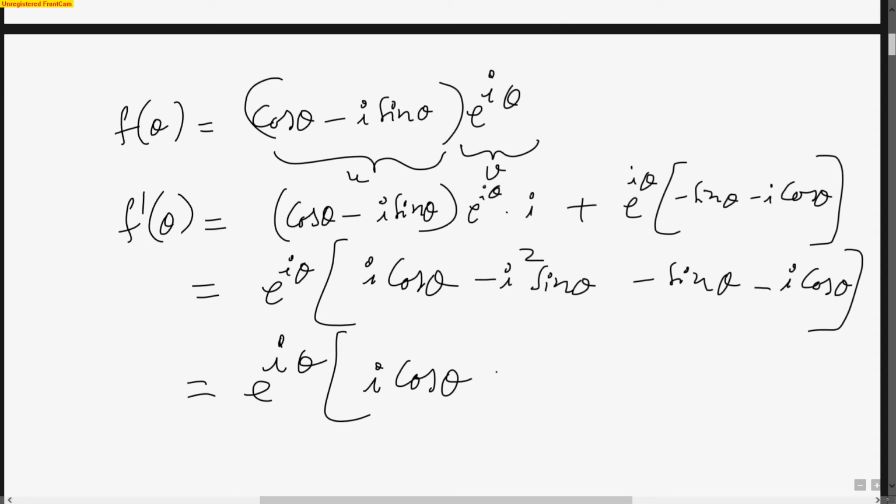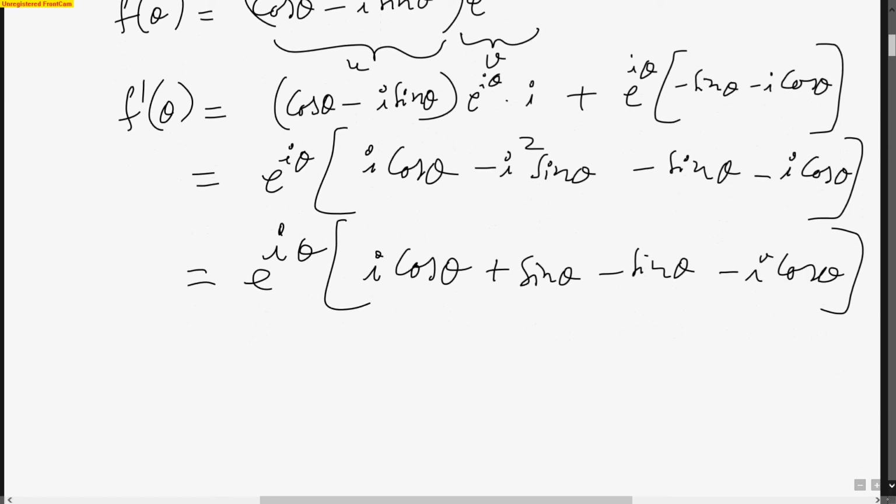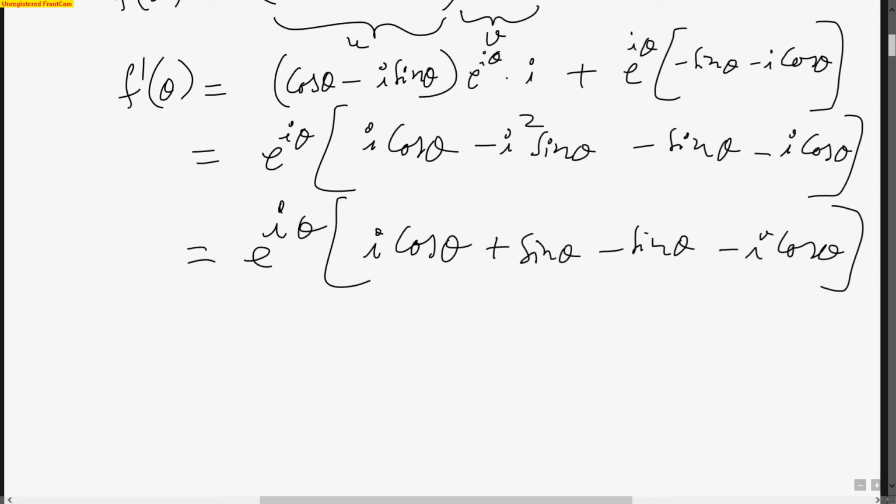So this becomes plus sin theta minus sin theta minus i cos theta. The i cos theta and minus i cos theta cancel out, and sin theta minus sin theta cancels out, so finally this becomes 0. So f prime theta is equal to 0.